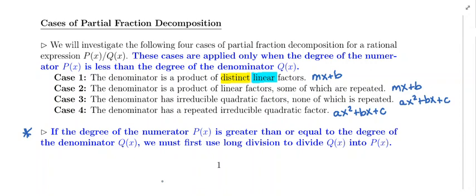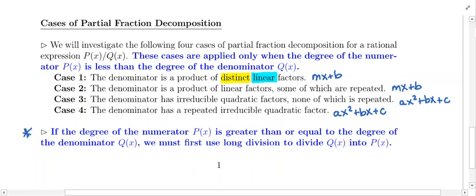Then after that you'll be able to apply one of the cases, either 1, 2, 3, or 4. Okay, so this all may seem a little confusing right now, but we will go through each of the cases and do examples.